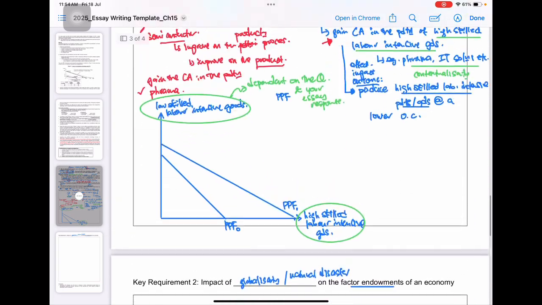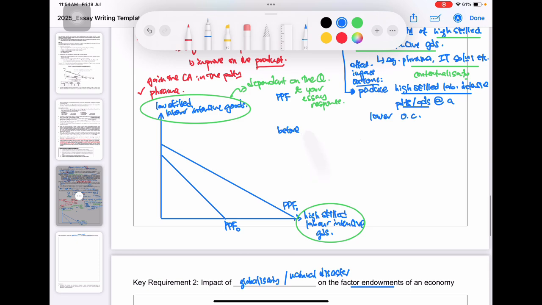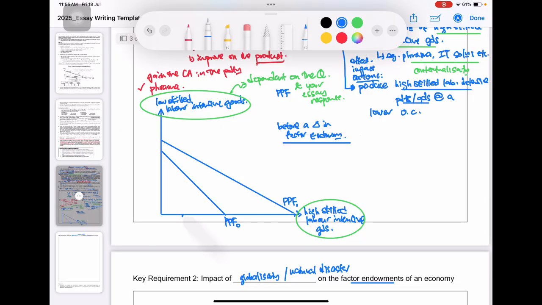Before a change in factor endowment. This is a bit complicated, but the good thing is it is a video. You can re-look at it. So Q0 to Q1, assuming that previously for them to produce the high-skilled labor-intensive product, let us look at the opportunity cost incurred if previously to produce Q0 to Q1 units.